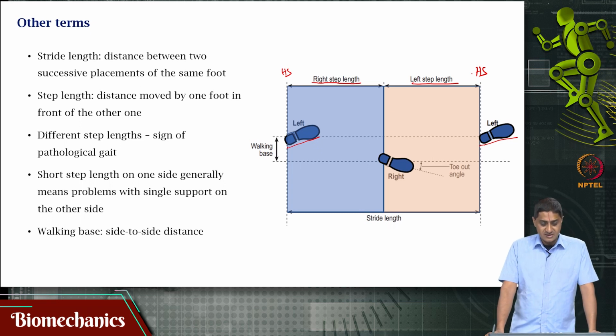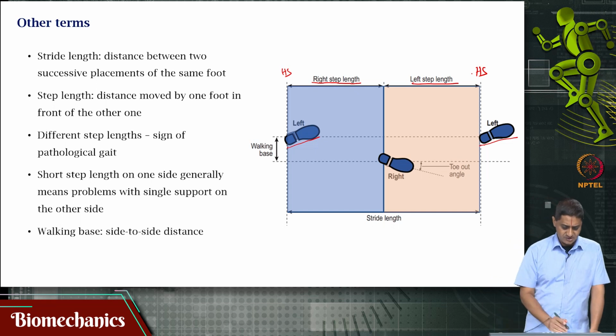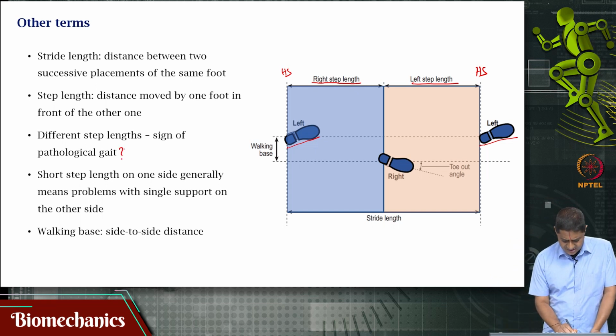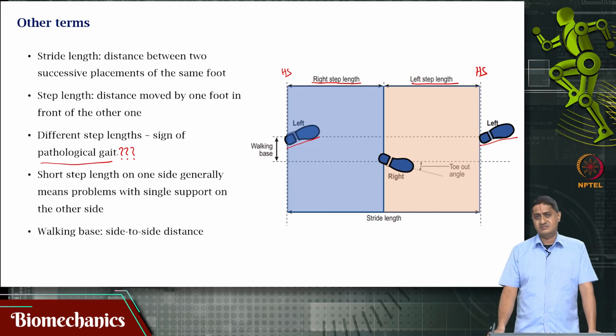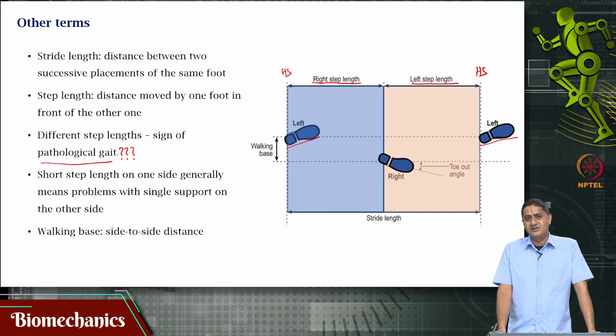Step lengths that are different, is this a sign of pathological gait? Question. No. We need to discuss this. I will come back to this gait analysis or pathological gait simply by using step lengths and stride lengths and times.